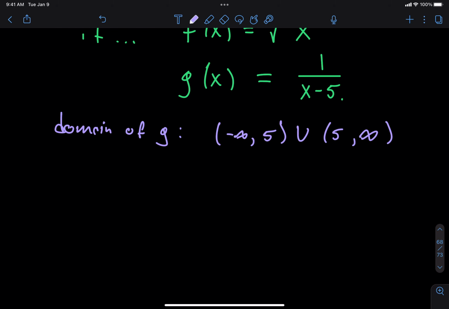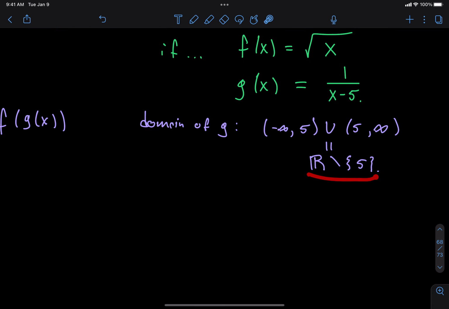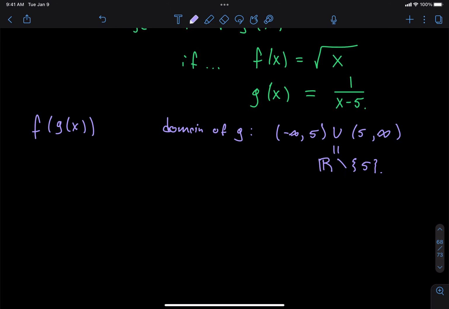Okay, good. And another way you could write this set would be to say R set minus 5. So this is like all the real numbers except 5. All right, so that's the domain of g.